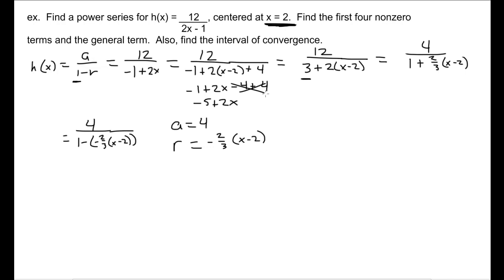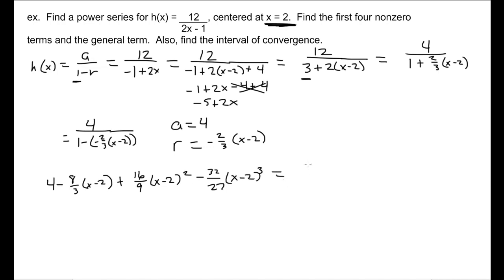Well, we could find our first 4 non-zero terms. The first term is 4, and then we have minus 8/3 times x minus 2, and then plus 16/9 times x minus 2 squared, and minus 32 over 27 times x minus 2 to the third.